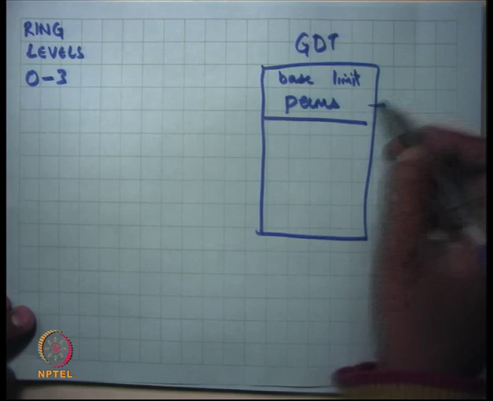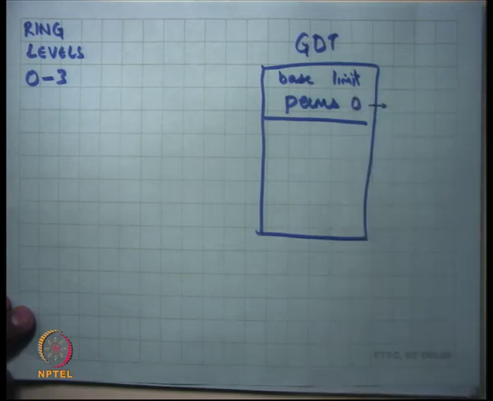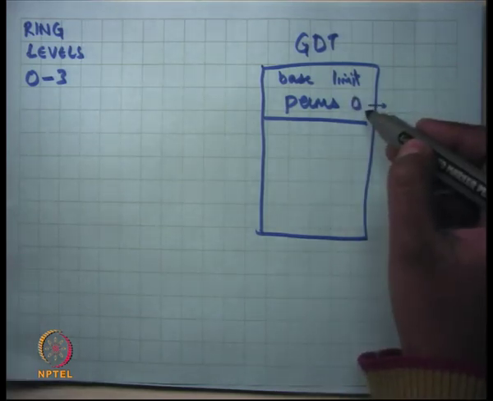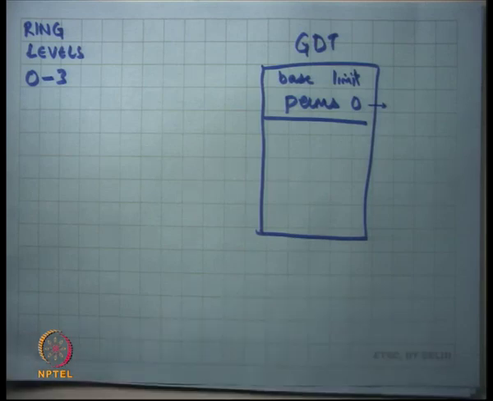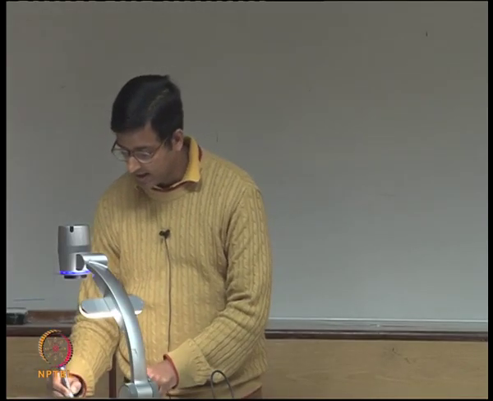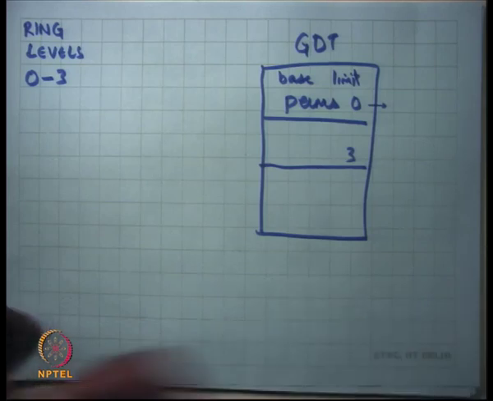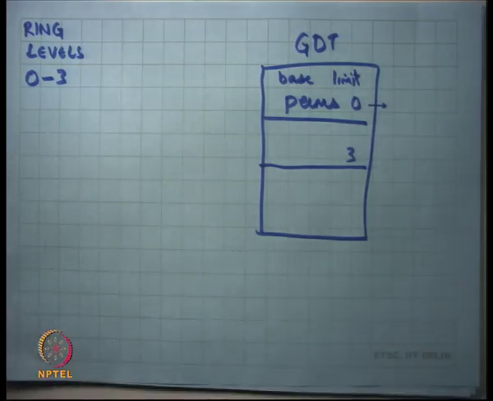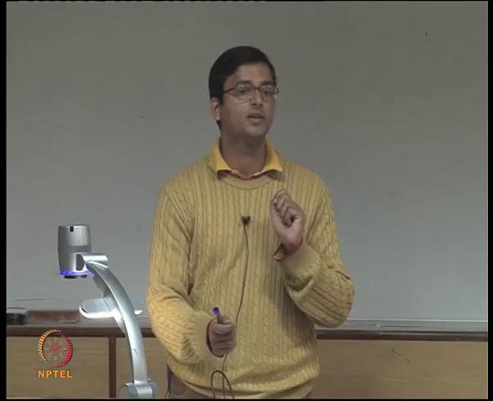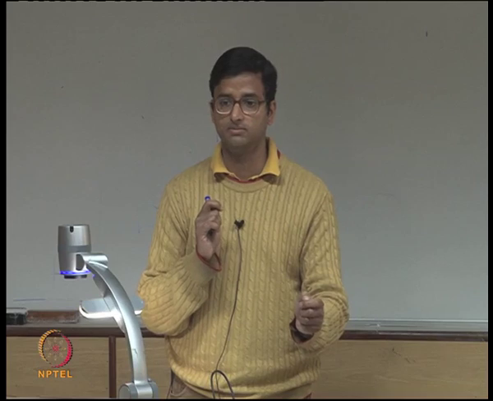For example, if the permission says 0, then this descriptor cannot be dereferenced if I am running in unprivileged mode. On the other hand, if this one says 3, then it can be accessed either in unprivileged mode or in privileged mode, right? So apart from just base and limit, a descriptor also has permissions.